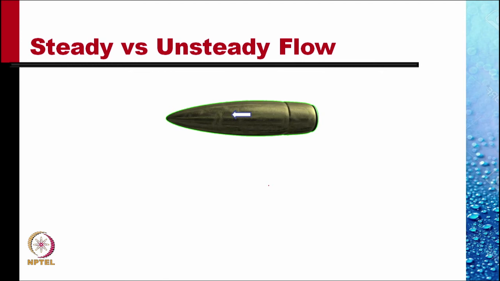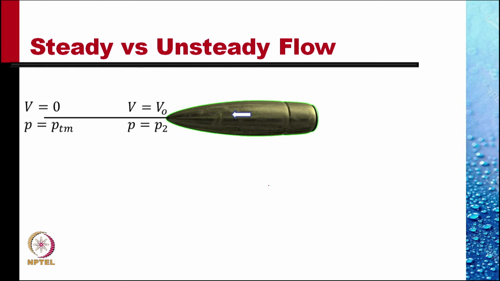Another example, consider a projectile moving to the left through atmosphere, which is stationary, and the pressure P atmospheric all around. What is the pressure at the nose of this projectile? If we apply Bernoulli equation to this, at a point far upstream, the atmosphere is stationary, the velocity is 0, so pressure is P atmospheric.